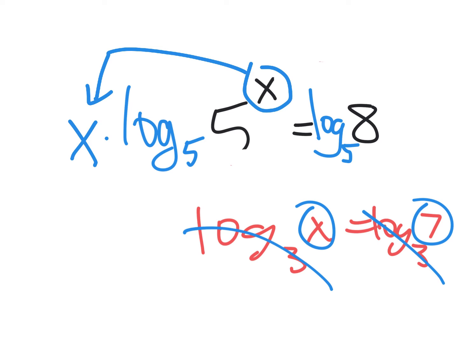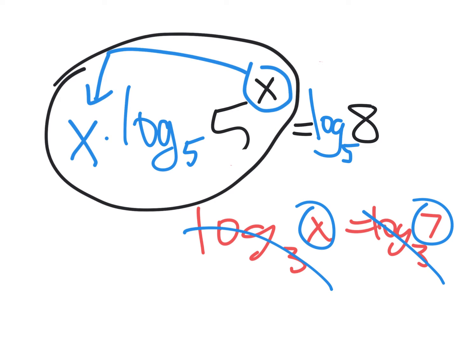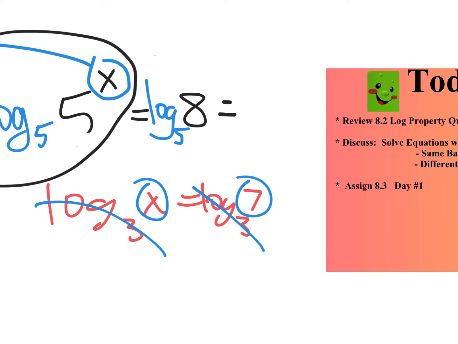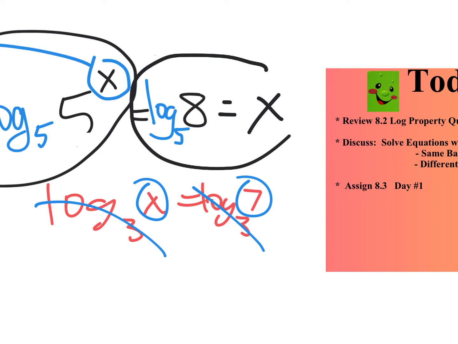And I think you all know that log base 5 of 5 is just 1. And then 1 times x is just x. And so this whole side is just x. By using log base 5, that whole side is just x. So look, it's the same thing as the rewrite. It's log base 5 of 8. Either way, it's log base 5 of 8.